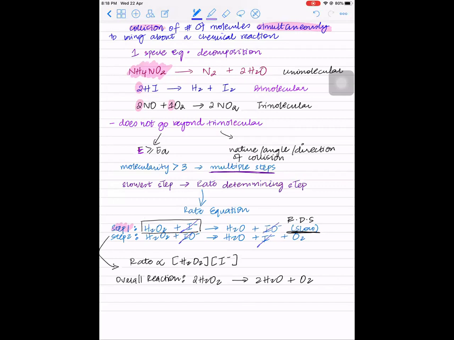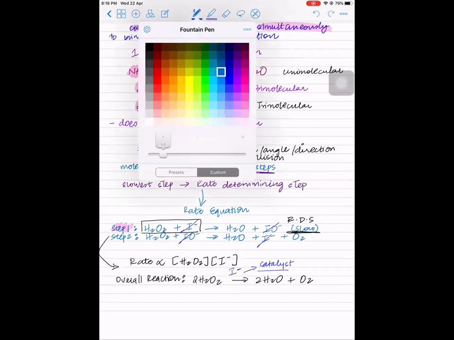It's not part of the overall equation, but it's still part of the rate equation. Iodide ion was being used as a catalyst, right? So it is not necessary that it should be present in the overall equation.